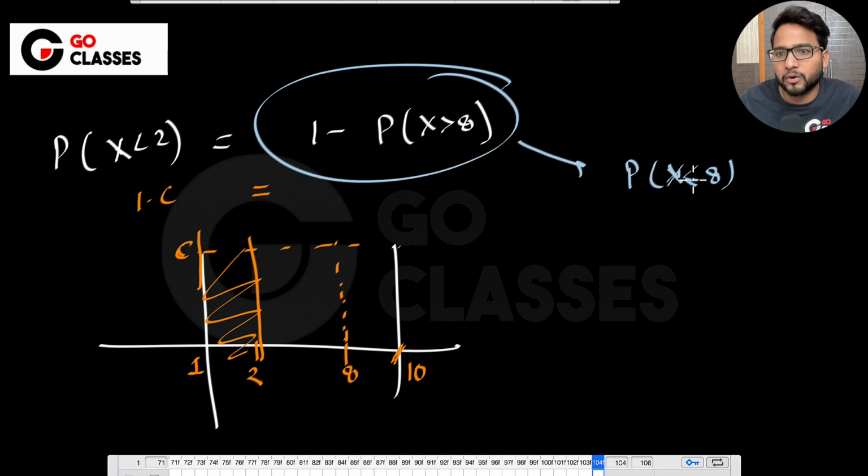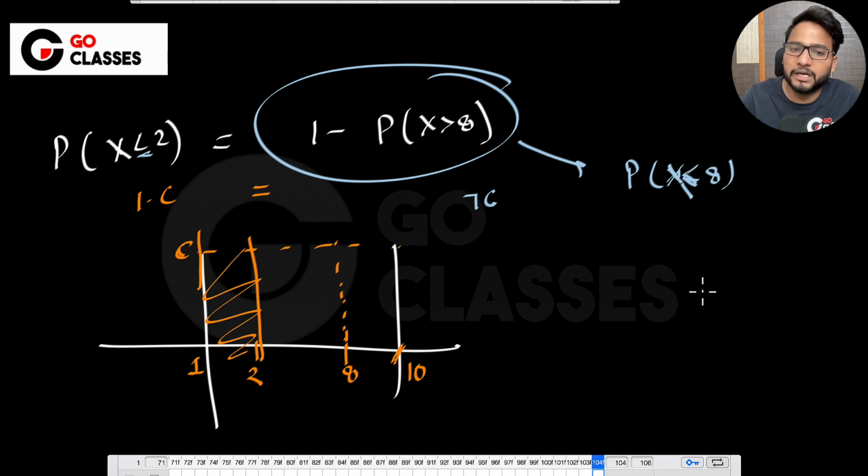So obviously these two are not equal. This is x less than 2, and this is x less than or equal to 8. It does not matter whether or equal, because this is a continuous random variable. This is 8 minus 1, 7c, and this is 1c. Obviously these two are not the same.